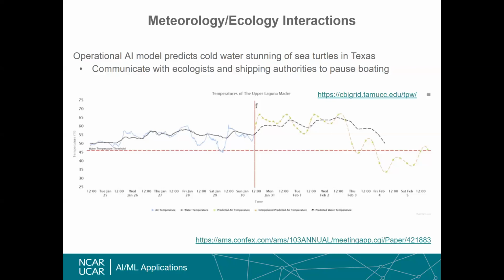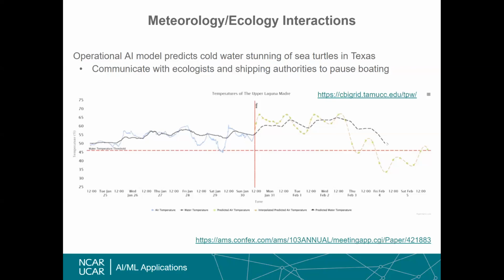And so they're using this in South Texas to interact with ecologists and shipping authorities to put a pause on boating in certain sensitive areas where these sea turtles are prone to getting stunned, and this is where, if there's still boating going on, they'll get hit by boats and killed, and they lose a lot of sea turtles in that instance.